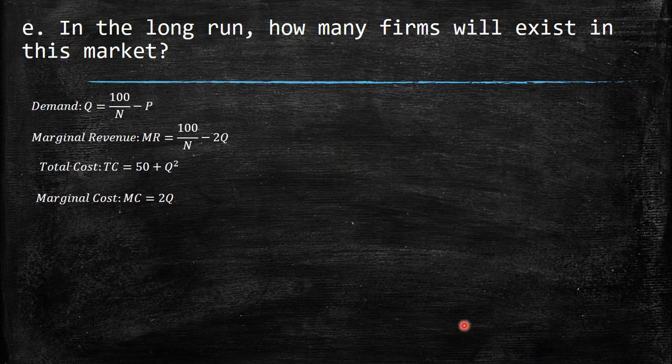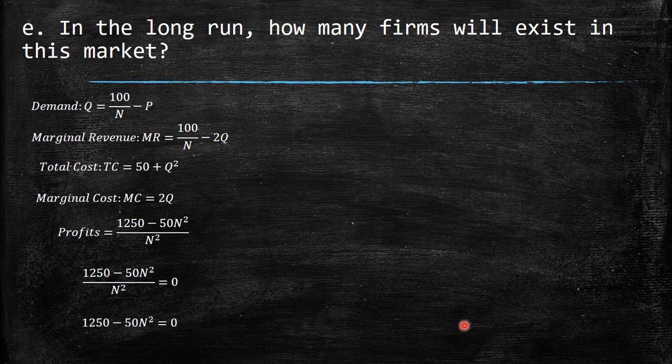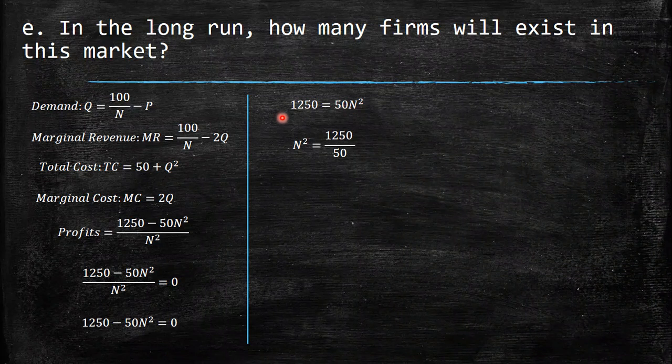So here we have again the question, and then we have the profits. What is the condition in the long run for monopolistic competition? It should be 0. So then the n squared automatically multiplied by 0 becomes this part, and then you collect n, which is what you want to find out. Then the 50 goes to the other side, and then n squared should be equal to 25.